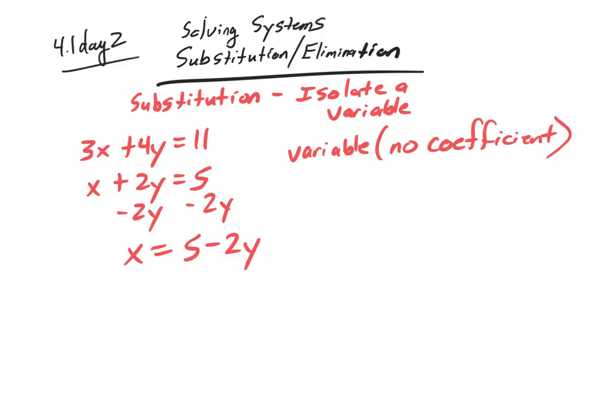And so what we're going to do then is take this x value, and we have to plug it into the equation that we haven't used yet, which would be the top one. So we're going to put 5 minus 2y in place of x.